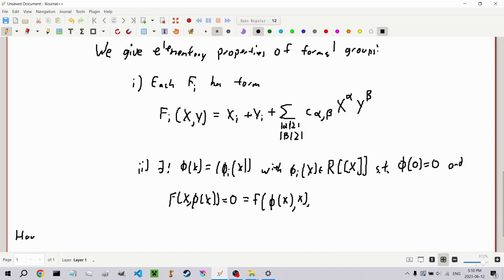And we note here having a unique phi of x as above is a consequence of d2 F0 being the identity on R to the n.